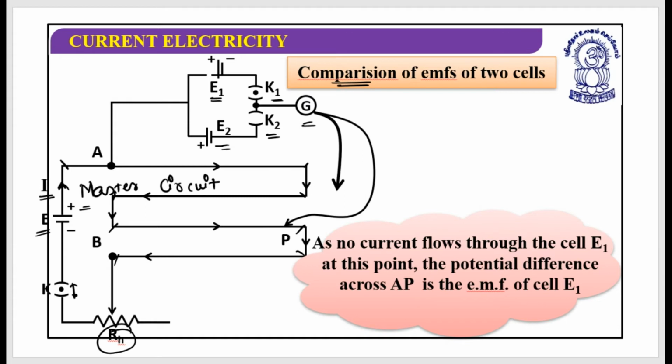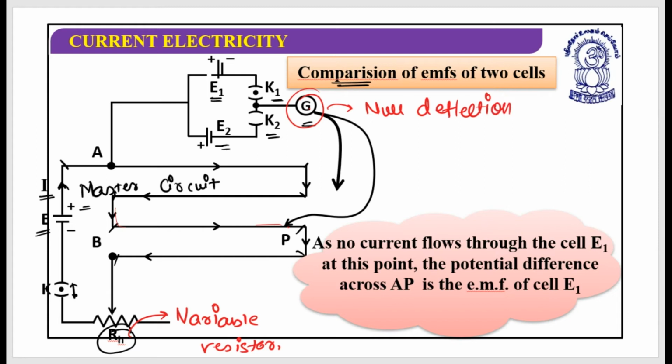This is the rheostat, a variable resistor. You are going to connect any one of the cells to the circuit, and with trial and error you find a location where null deflection is found.